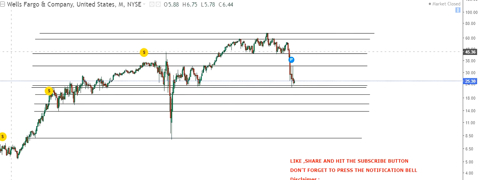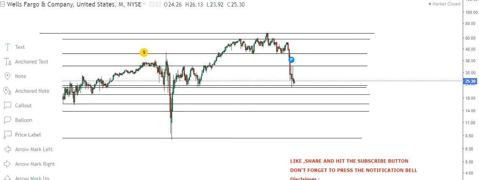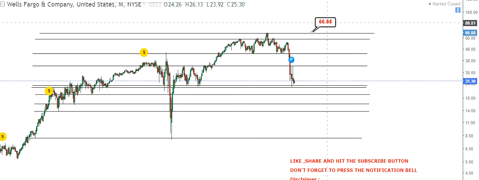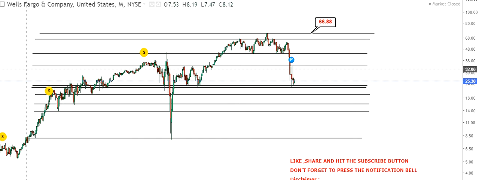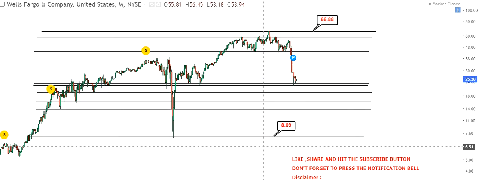What we are looking at here are the extreme ends of this chart: 65 or probably 66 on the higher side and $8 on the lower side.